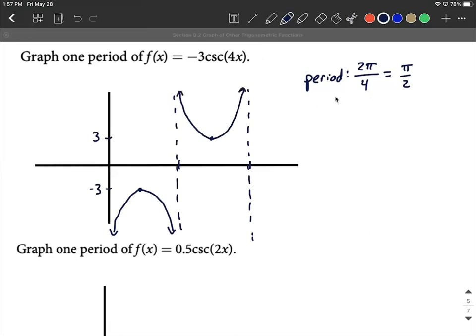All right, so let's label the x-axis. We know that it has a total period of pi over 2. So this one starts at 0, ends at pi over 2. Let's label that middle vertical asymptote. That's going to be halfway in between. So half of pi over 2 is pi over 4 for that vertical asymptote. This highest point is going to be halfway between 0 and pi over 4.